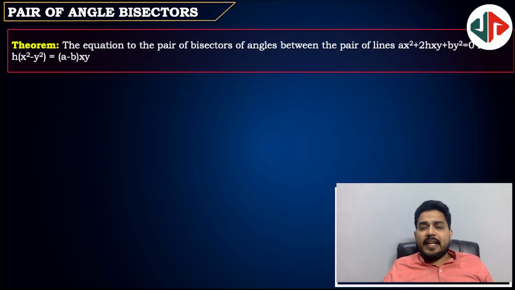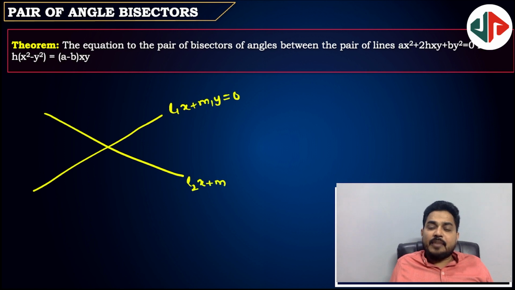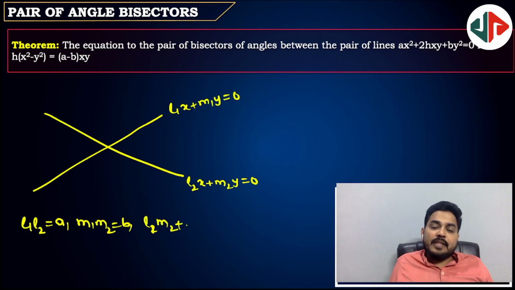The pair of angular bisectors for the equation ax square plus 2hxy plus by square is equal to 0 is this. So what is that? The first line I will take as L1x plus M1y is equal to 0. Another line I will take as L2x plus M2y is equal to 0, where L1 L2 is equal to A, M1 M2 is equal to B, and L1 M2 plus L2 M1 is equal to 2H.